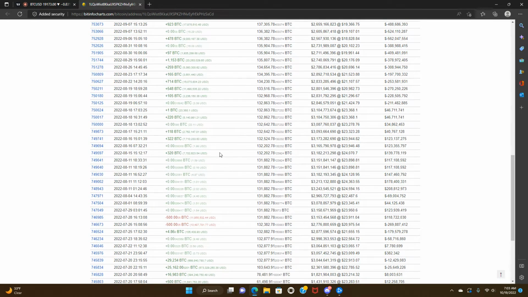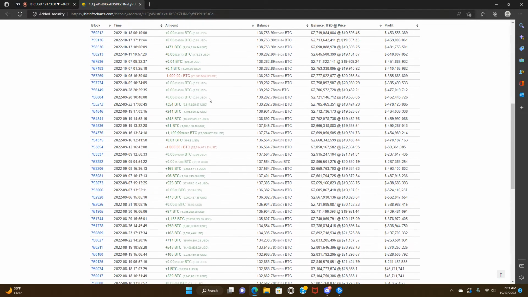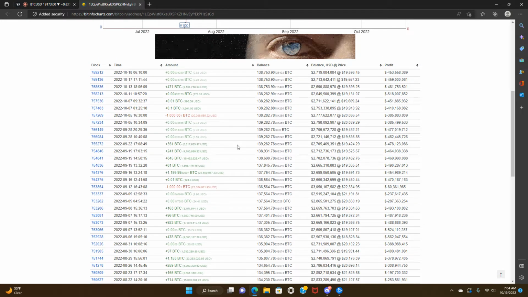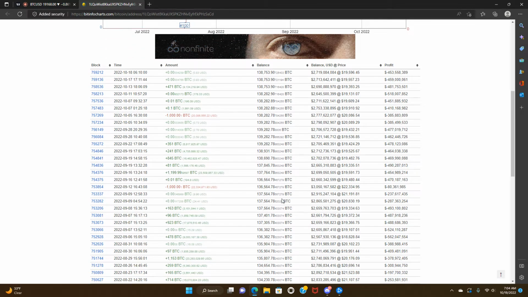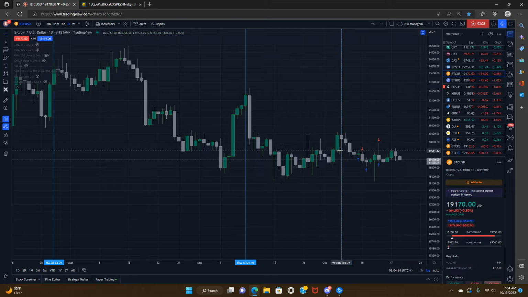And again, another 500 block down here. So you have these very surgical forms of distribution, which to me indicates that this is probably something occurring for accounting purposes, or maybe quarterly reporting. If it's an institution, maybe they're shoring up their profit and loss, or doing this type of behavior for some type of accounting reason.